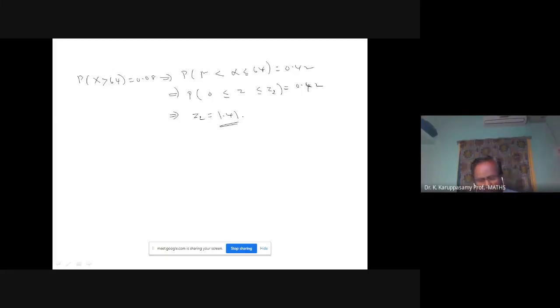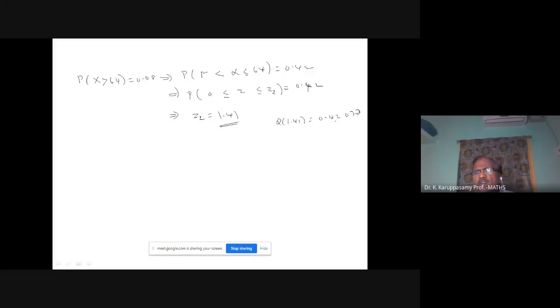Otherwise, use your normal table. So Q of 1.41, if you look it up, is 0.42073.